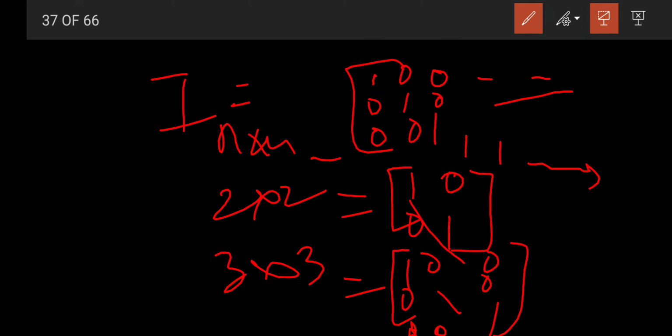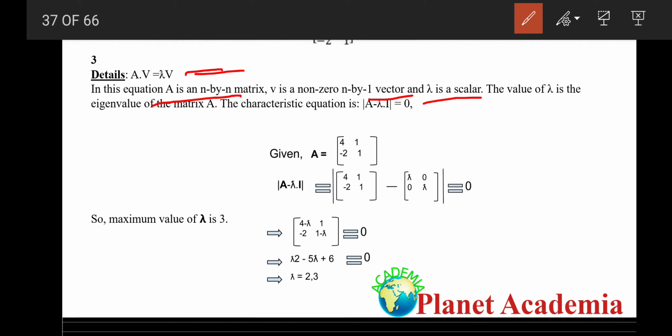This is the identity matrix, and in the question only a 2 into 2 matrix is given, right?